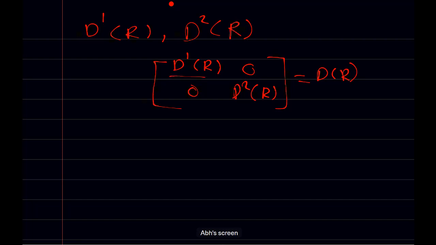So if this is one dimensional and this is two dimensional, then the overall matrix you get is a 3x3 matrix. So you have formed a three-dimensional representation of group element R. That's it, simple. So this is all about reducible and irreducible representations.